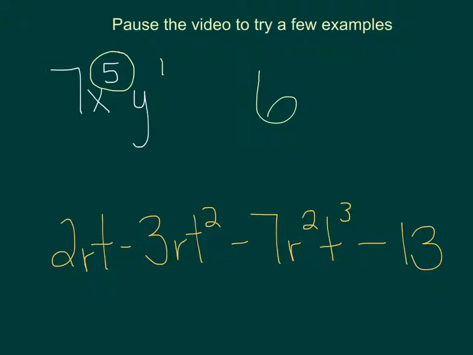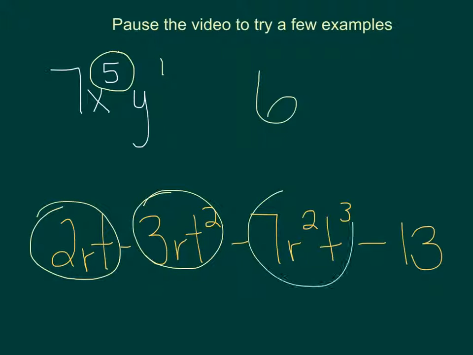For the next example, it is a trinomial, so you would have multiple different things, so we have to find the degree of each specific term. So let's start with the easiest one, the 13. It's a constant, so it is a degree of 0. So then we'll go back to the left. We have our first term, which has 2 exponents, and each one is 1. So we add those together and get 2.